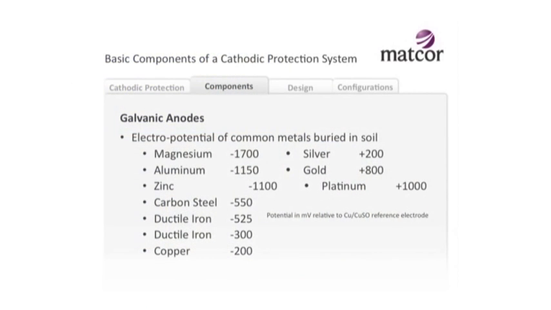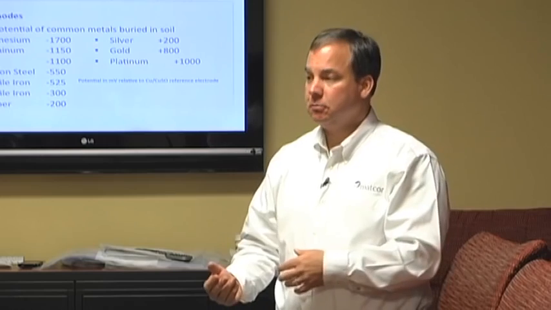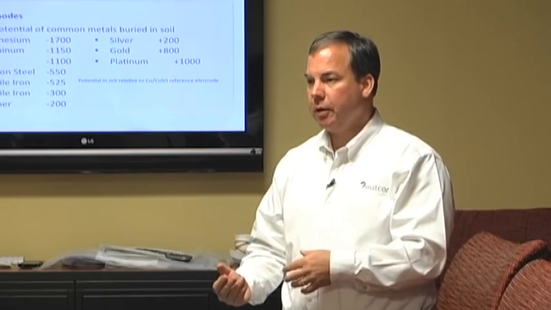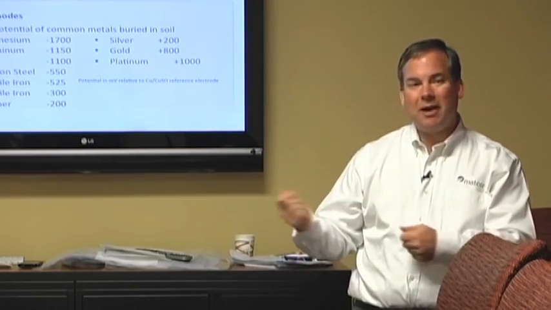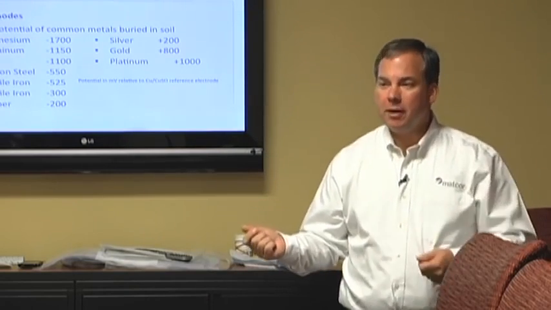This chart here shows what's called the electropotential of common metals, and in this case buried in soil. And what you'll see here is magnesium, aluminum, and zinc are naturally more negative than steel. Okay? I'll also point out that copper is much more positive than steel. And if you'll notice, silver, gold, and platinum actually are positive metals. We call those noble metals.